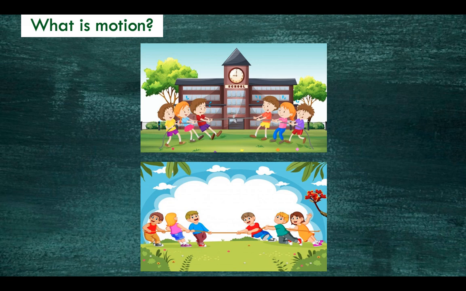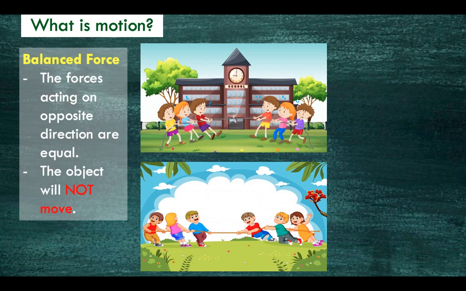The two illustrations here show different types of force. Which do you think is the picture that shows balanced force? Great job! The first one. Balanced forces are forces acting in opposite directions which are equal.